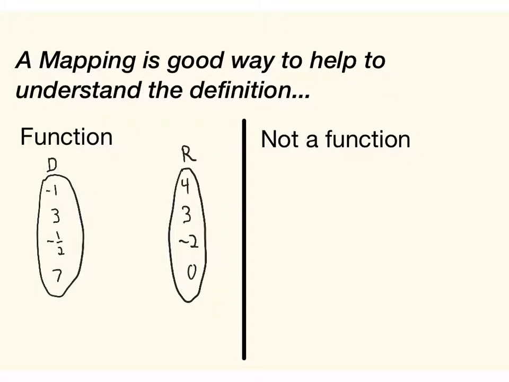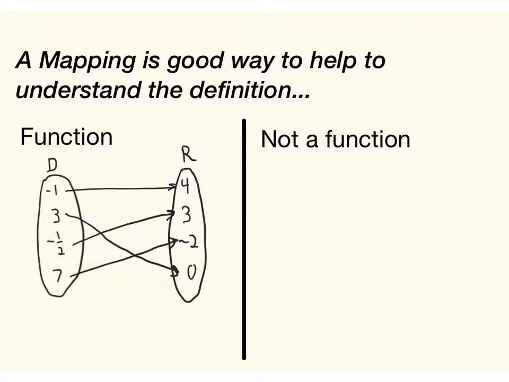Now, if I create a mapping, I'm choosing these, I'm not using a formula to create these. I'm just going to draw an arrow from -1 to 4. I'm going to draw an arrow from 3 to 0, and from -1/2 to 3, and from 7 to -2.